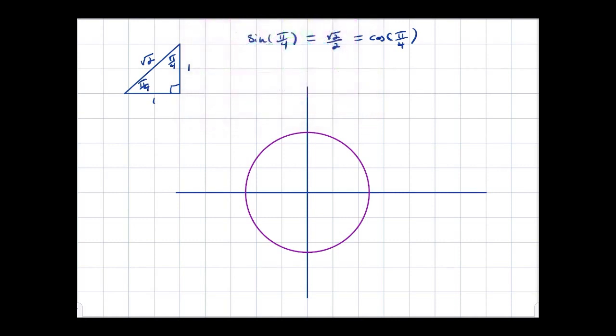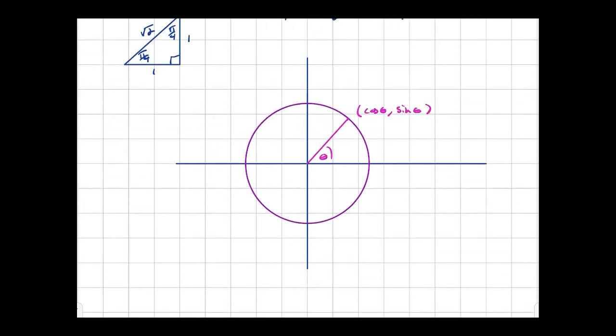I know, hopefully, that if I make this angle theta with the x-axis, then the coordinates of the point on the terminal arm are cosine of theta and sine of theta. This is because if I drop a perpendicular line down to make a right angle, this distance is the y-coordinate of the point, and this is the unit circle, so the length of the terminal arm is 1.